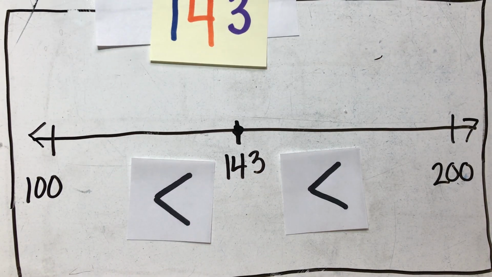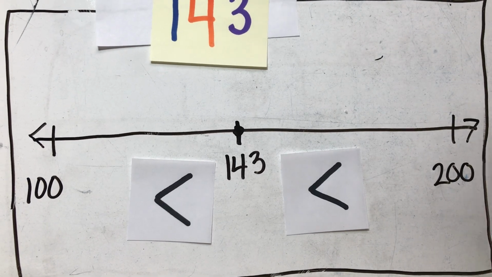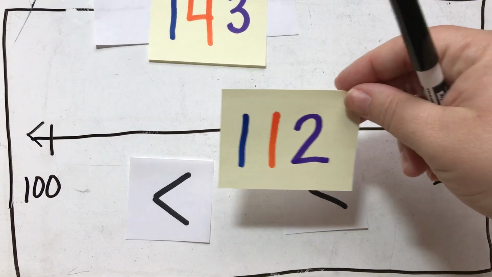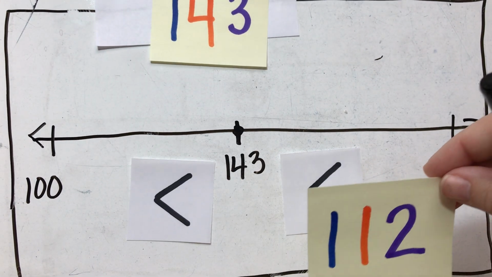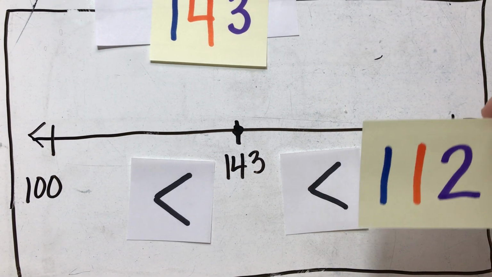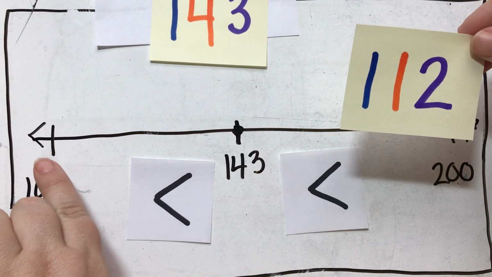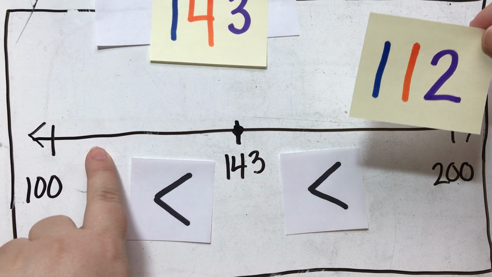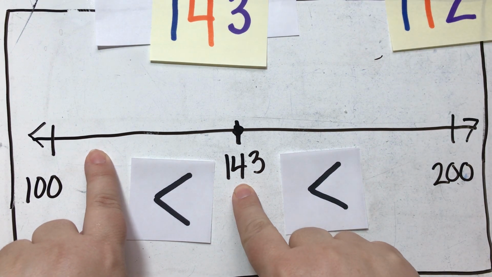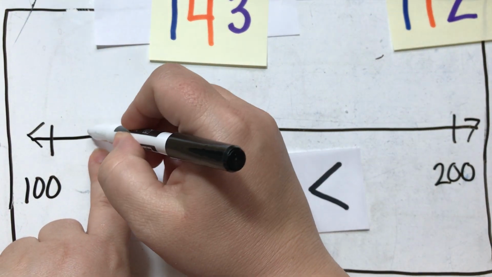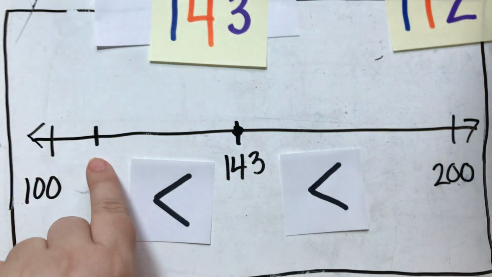So we can get an equation out of 143 on an open number line like this really easily by deciding where 112 is in perspective. So I know that it's more than 100. 110 is less than 140, so I would probably place it somewhere right here.